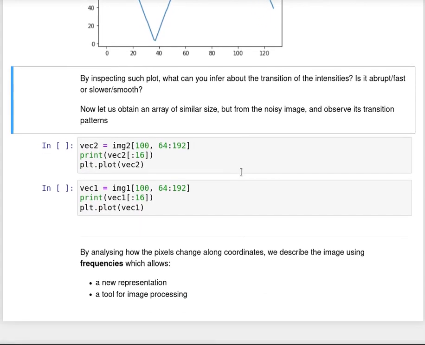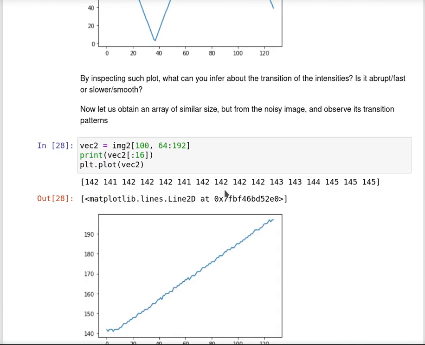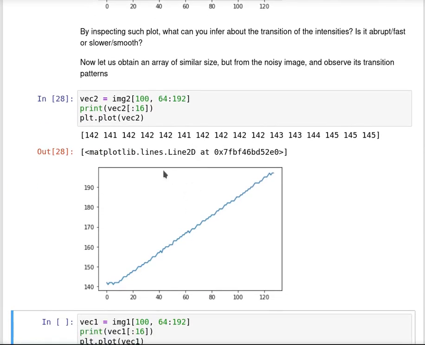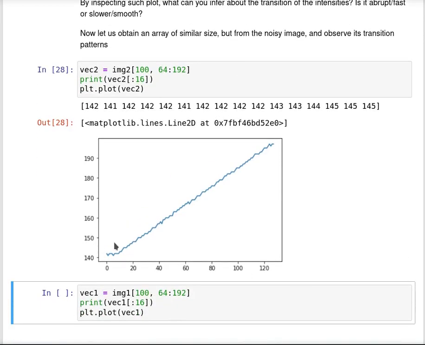Let us do the same for the other images. This one here is for the second image. It's in the middle of the image, so there is a ramp here also, but a few pixels are probably noisier here, so it's not a perfect ramp.